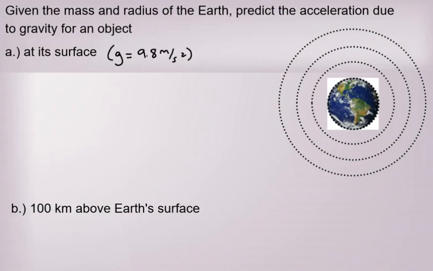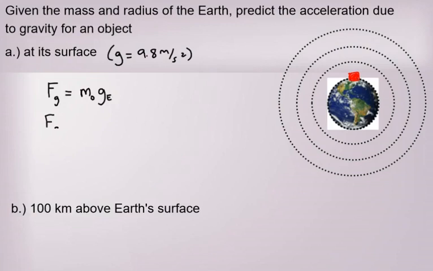But what I'm going to do is derive that by putting an object right on the surface of the Earth. We have 2 equations to find the gravitational force between the object and the Earth. One of the equations is mg, or in other words, take the mass of the object times the g of the Earth.